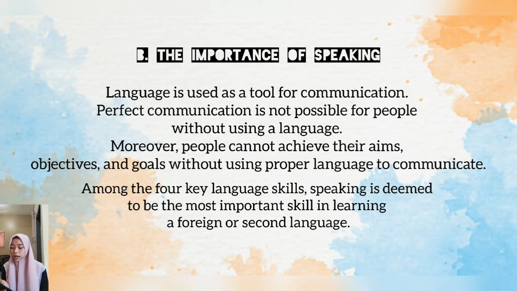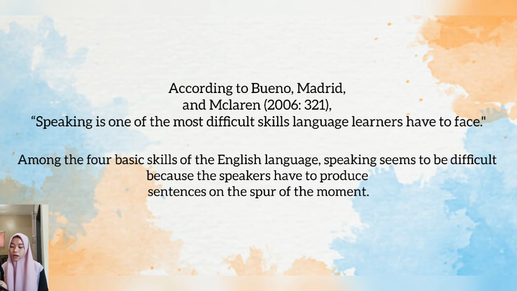Speaking skill is the most important skill to acquire in foreign or second language learning. According to Bueno, Madrid, and McLaren, speaking is one of the most difficult skills language learners have to face. So speaking is like the basic skill, or the most difficult to face or to learn.